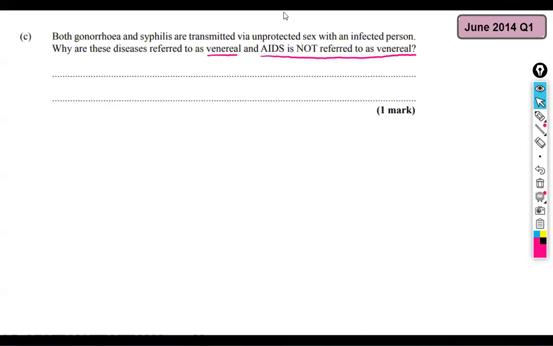First of all, you have to ask yourself, what is a venereal disease? Whenever you hear the word venereal, right, it usually means it's caused by sexual activity, right?